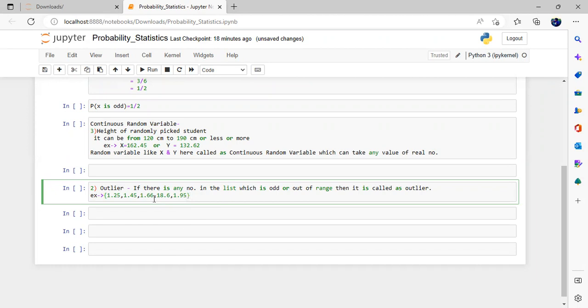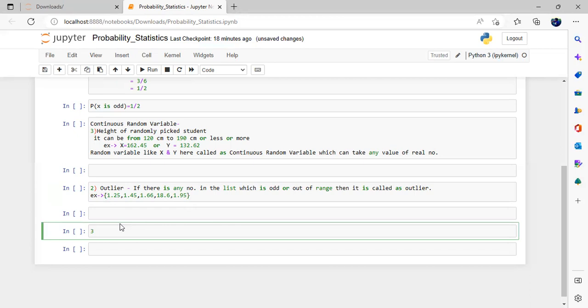It is very important to deal with outliers. I will definitely cover how to deal with outliers as well. This is one of the most important parts in statistics and probability.